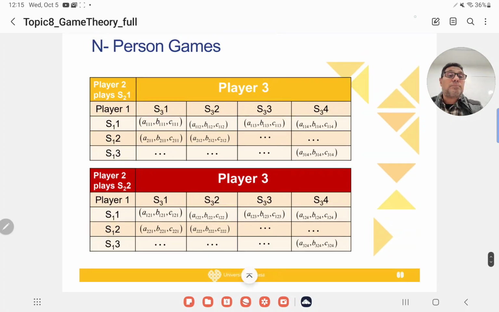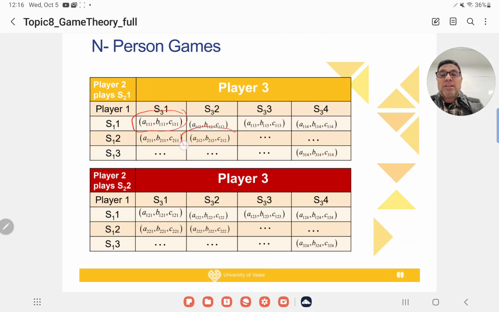What you can see here, for example, A111, means the payoff of the first player when they play the first strategy, player 2 plays the first strategy, and player 3 also plays the first strategy. So 111 means the first strategies for all 3 players. B111 is the payoff of player 2. C111 is the payoff of player 3.